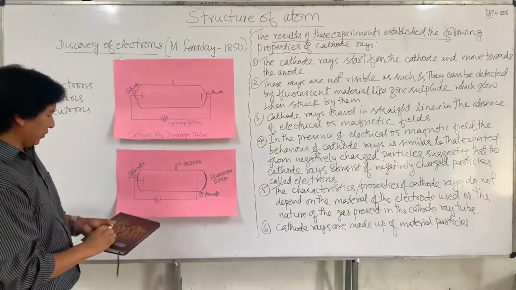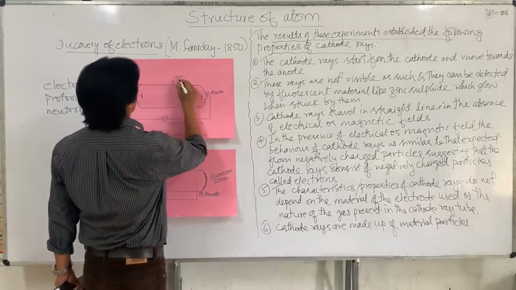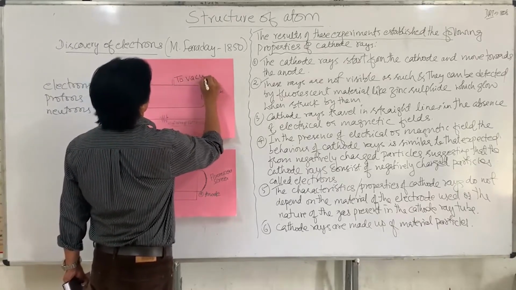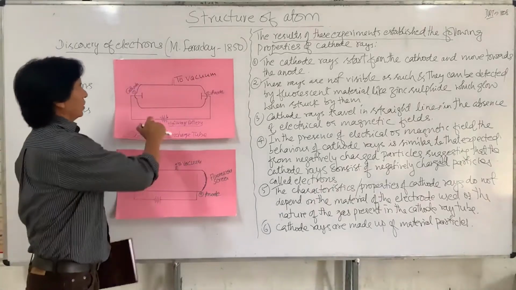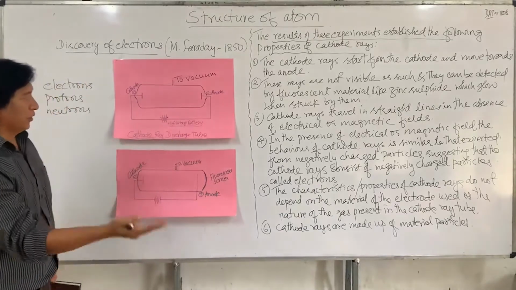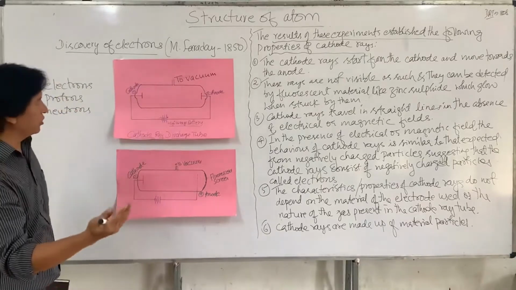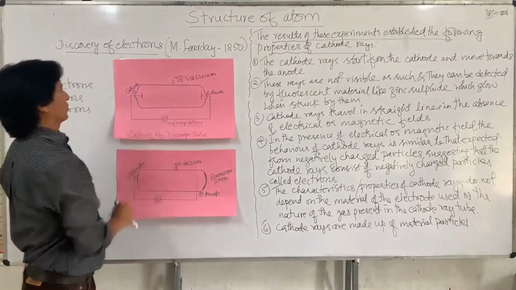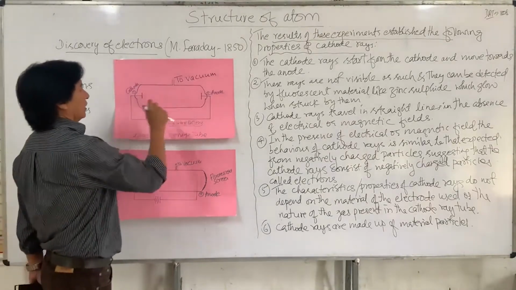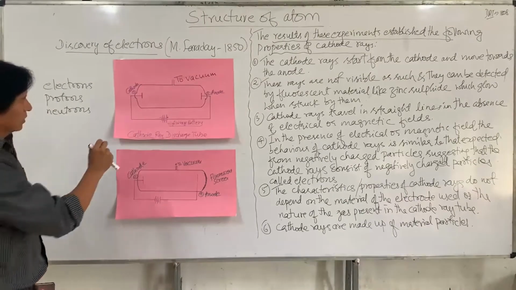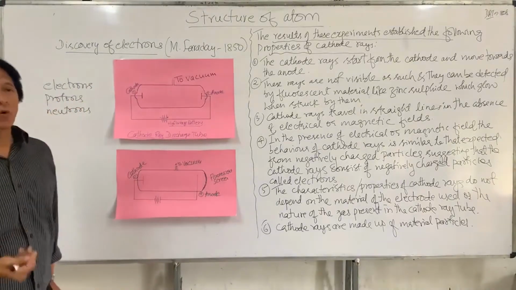The pressure can be reduced by evacuation with the help of this outlet here, which is connected to a vacuum pump. So the gas inside the tube is at a very low pressure, and then a very high voltage of electricity is applied.